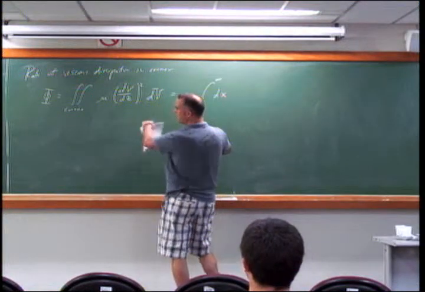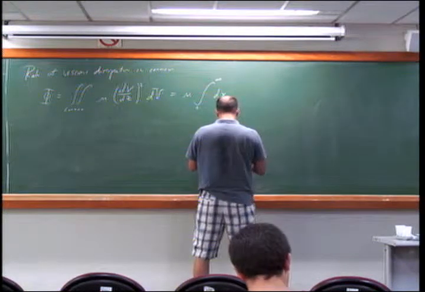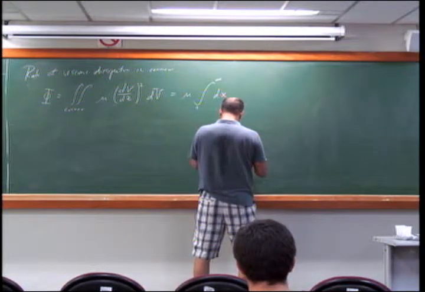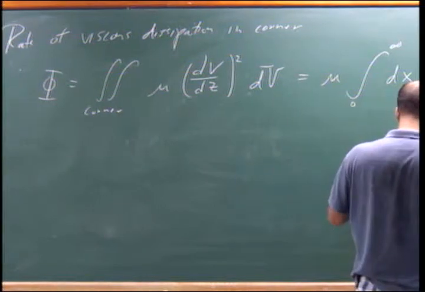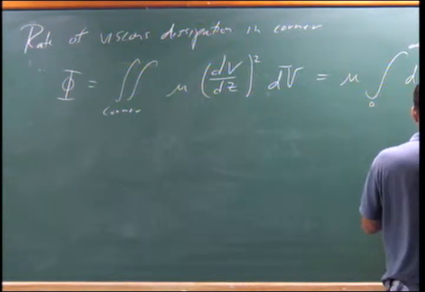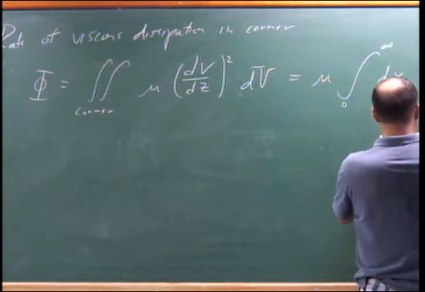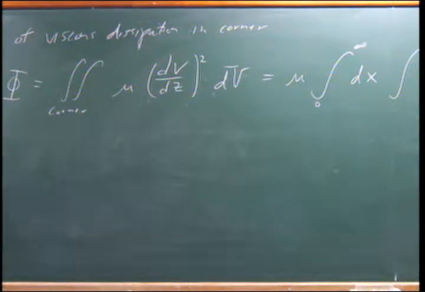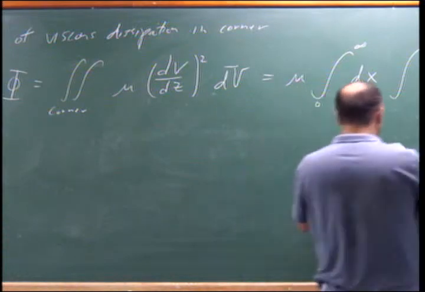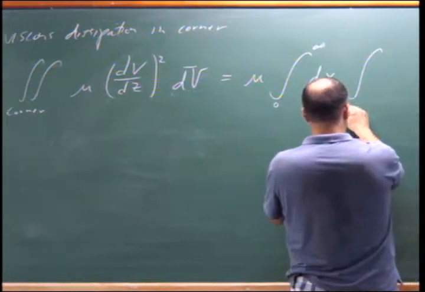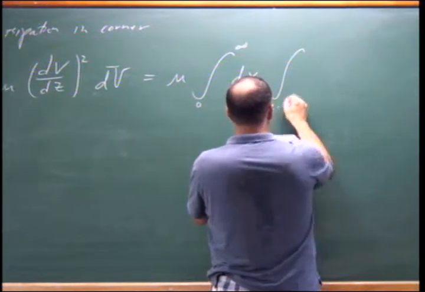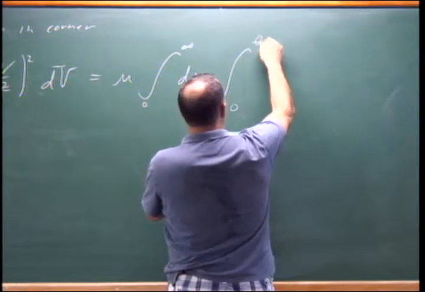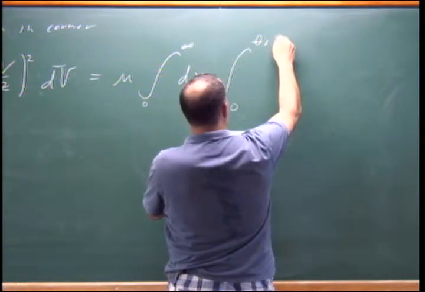Imagine we have a two-dimensional corner. Oh, no, sorry, it's like a ramp. And so then dv dz we've evaluated here. So z is going from 0 to theta dx.